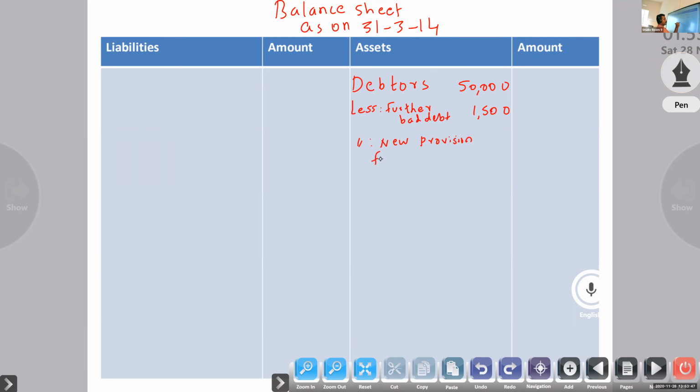Less provision for discount on debtor, which we already calculated: 2,280. So we'll get 43,310.